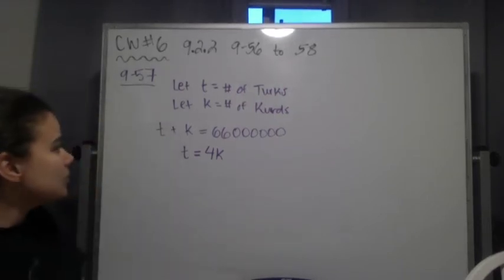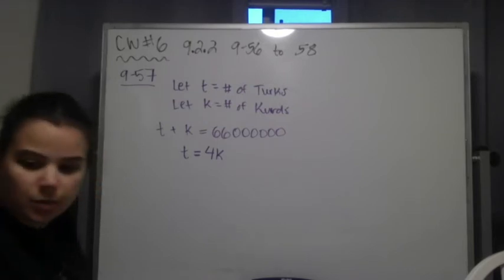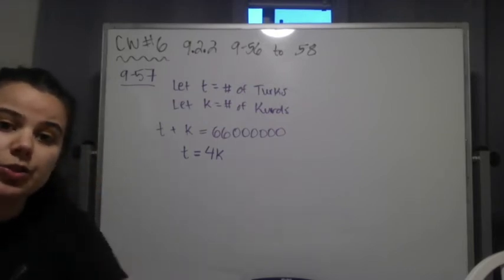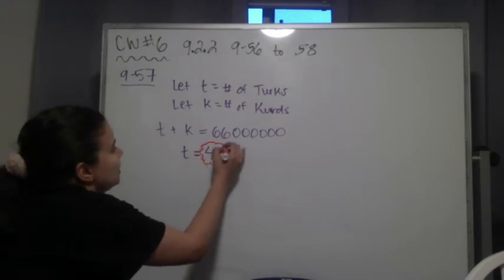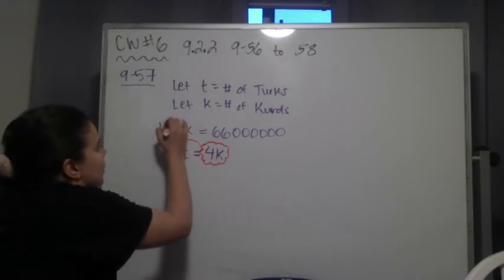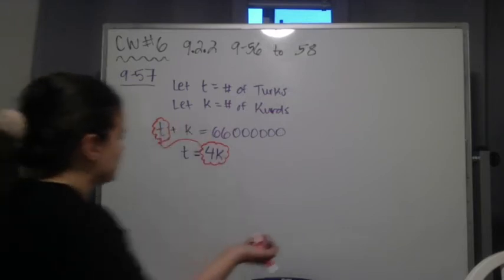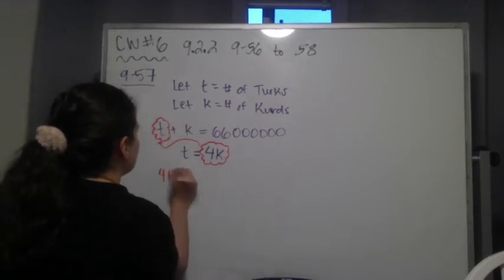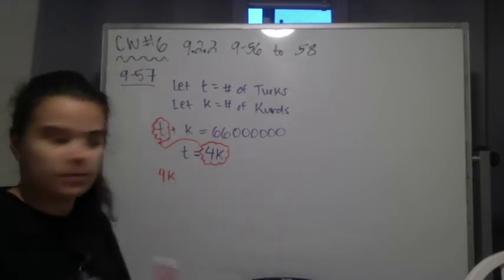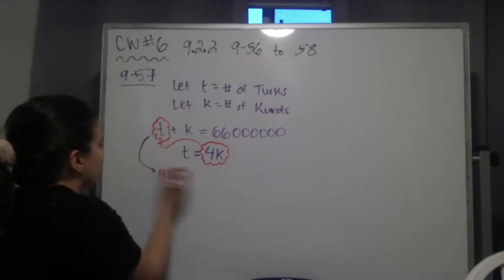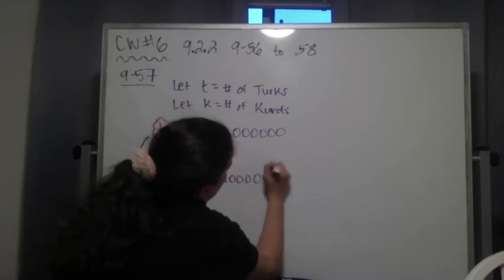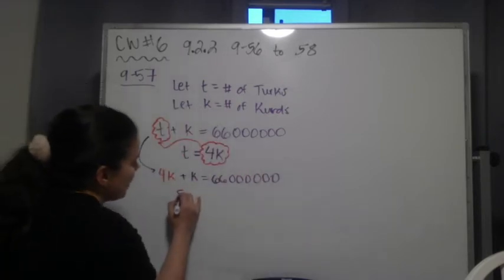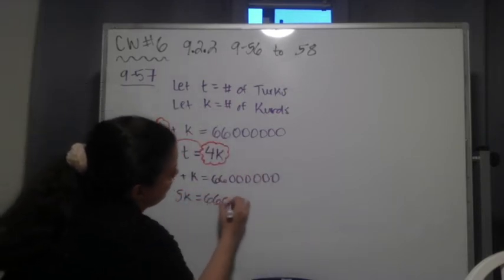So what we can do is some substitution, right? If we know that T is the same as 4K, let's put that in for our T here. So we end up with 4K plus K equals 66 million. So 5K equals 66 million. Oh, so many zeros.